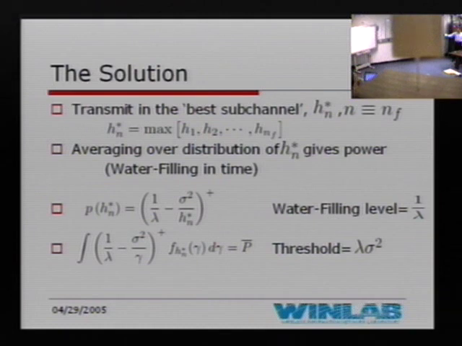So to answer your initial question, this thing would not have been there if you just consider the second problem of maximizing rates for just a given distribution. And I guess in this case we can potentially get higher rates because we are not transmitting on the bad subchannels and transmitting only in the cases that are good. So you're not waiting for it. For each channel state, you decide what the power is. Yeah.